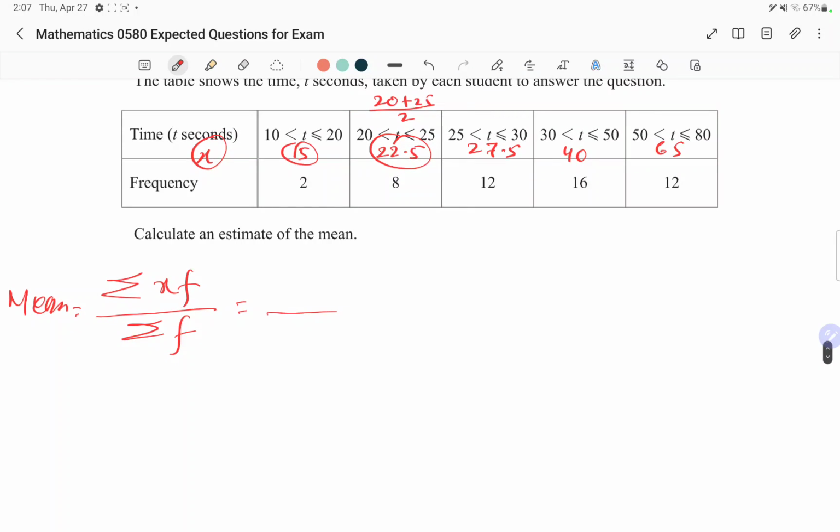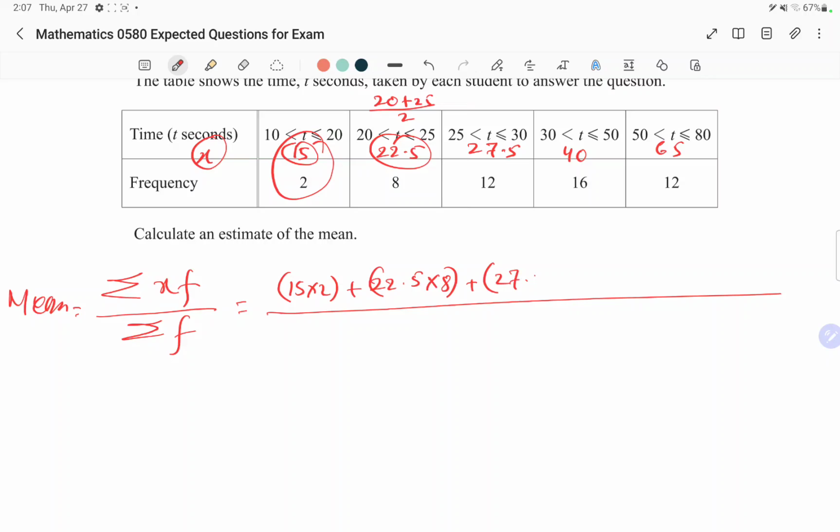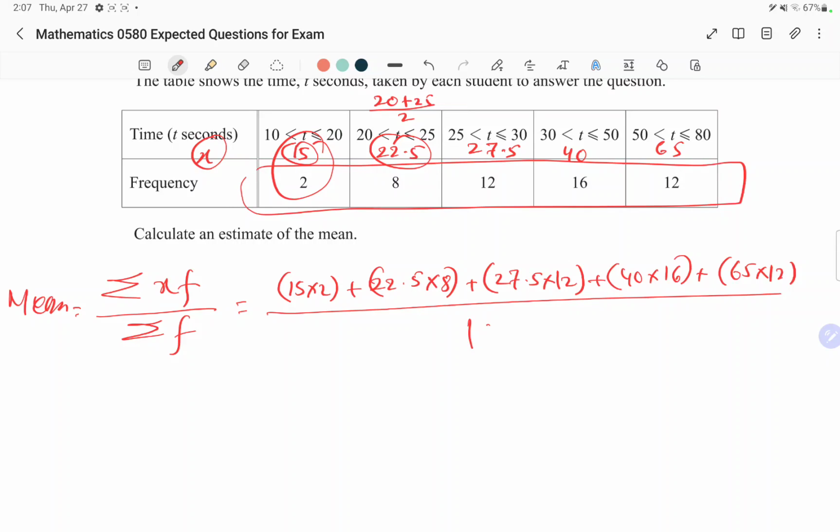After getting x values, just multiply x and f and add, like 15 times 2 plus 22.5 times 8, then 27.5 times 12, then 40 times 16, then 65 times 12, over the addition of all frequencies, which is 100.